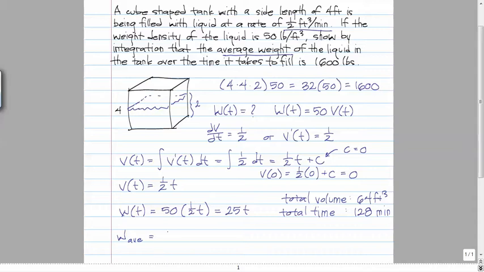So this is equal to 1 over b minus a, or 1 over the length of the interval, which we just figured out is 128, over the interval from 0 to 128 minutes of W of t, which we'll go ahead and just fill in here as 25 t dt.